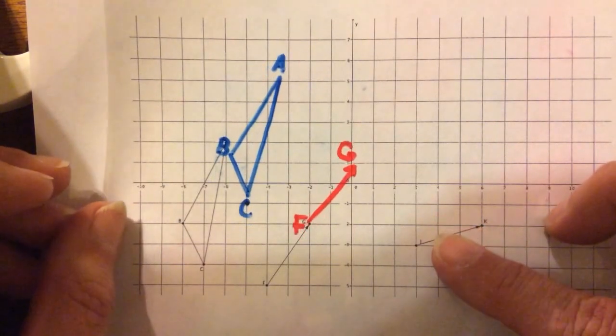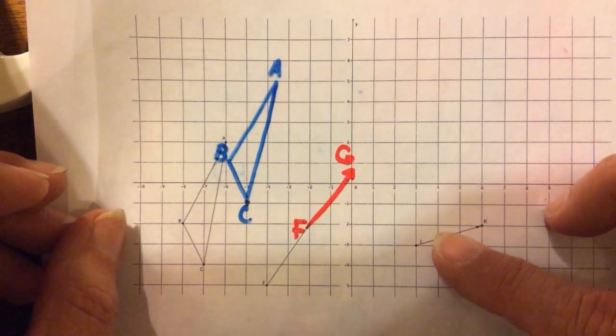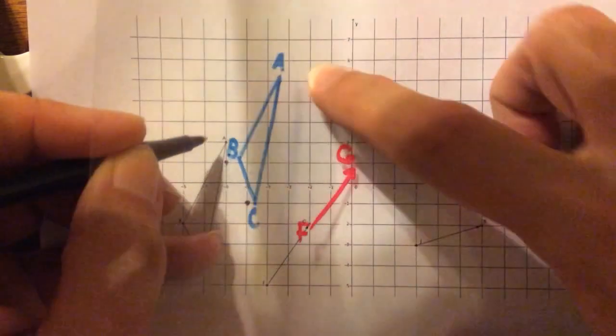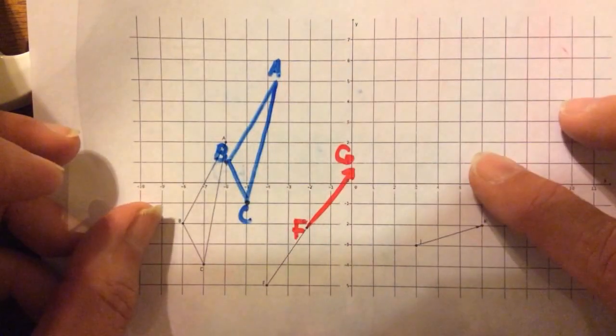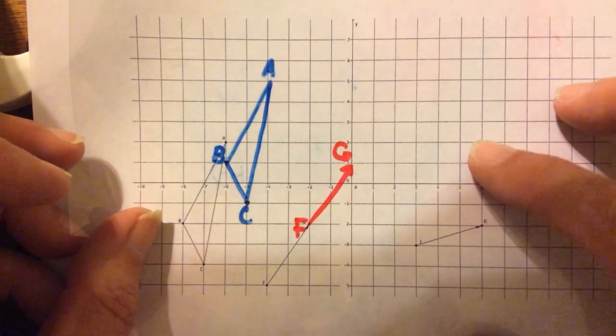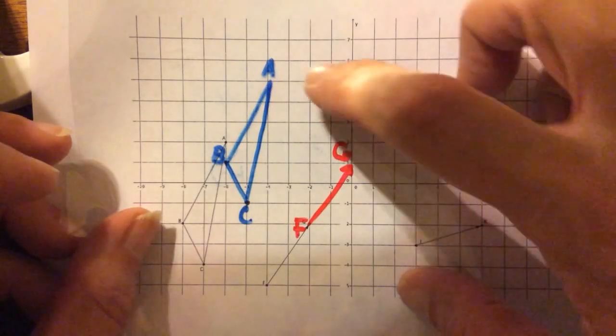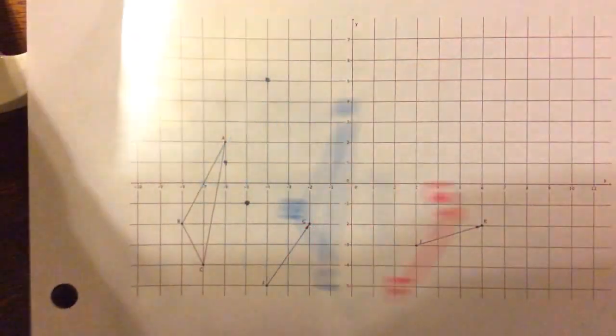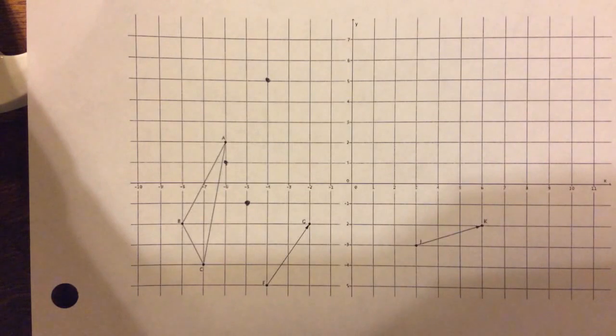Right here, and here's my next point. And then the last one should be right up here. Okay, so let's connect the dots on that triangle.